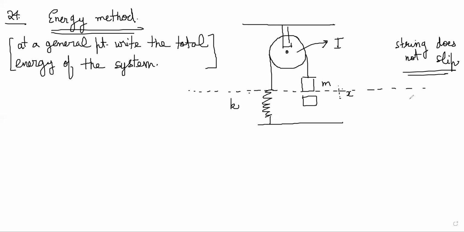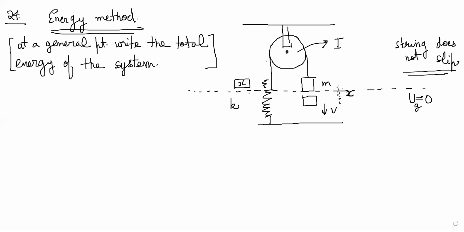It will fall down by some X amount, and it acquires some speed in that process at that moment, and the spring gets stretched by some amount. The spring should get stretched by X amount only, because the rope cannot extend itself. If this comes down by X, the spring has to go up by X.